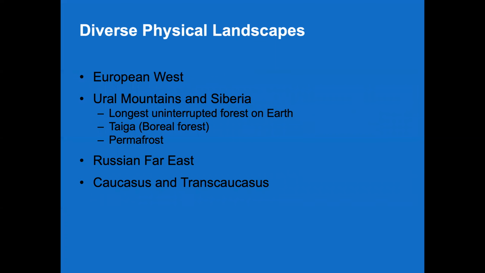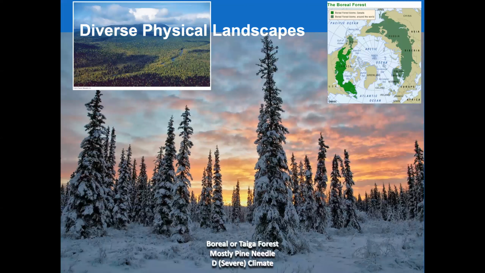Again, diverse physical landscape, as mentioned earlier. The most significant aspect of the physical landscape is the fact that Russia, along with Canada, Finland, Norway, Sweden, and Alaska, essentially contain most of the pine needle trees on Earth.